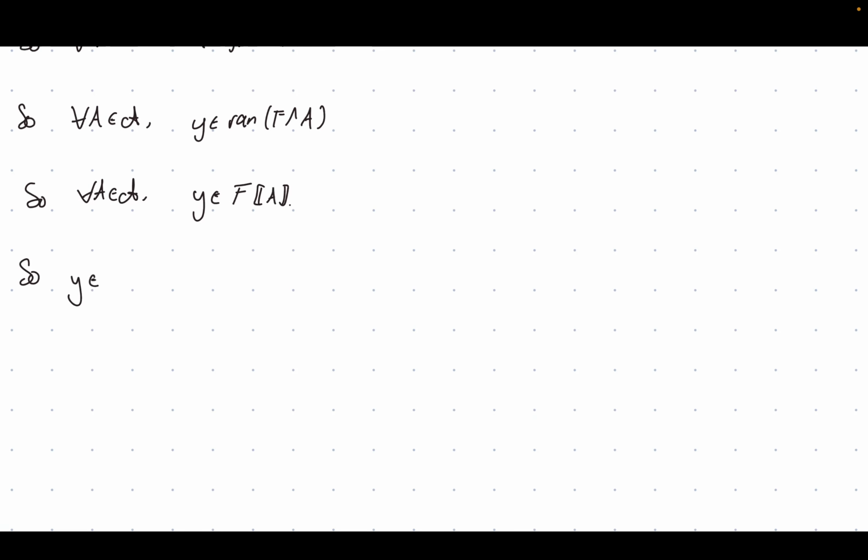So y must be in the intersection of f image A such that A is in script A. And thus the image of the intersection is contained in the intersection of the images.